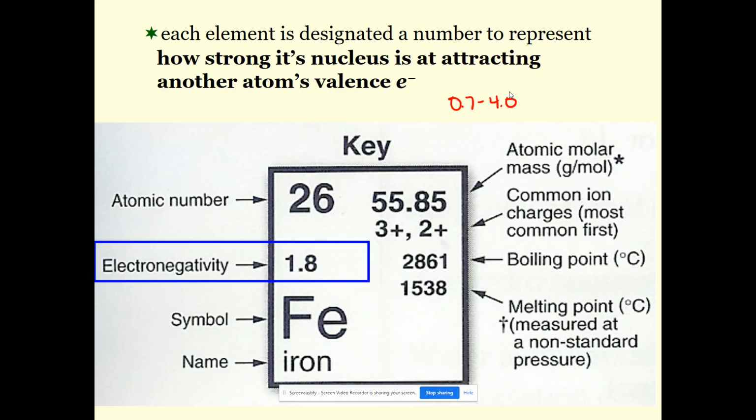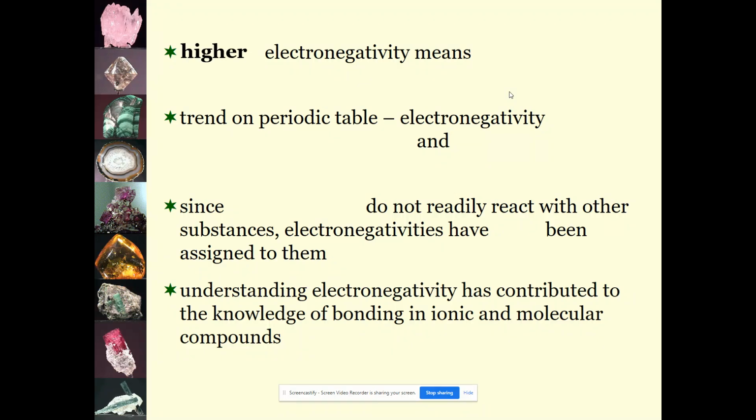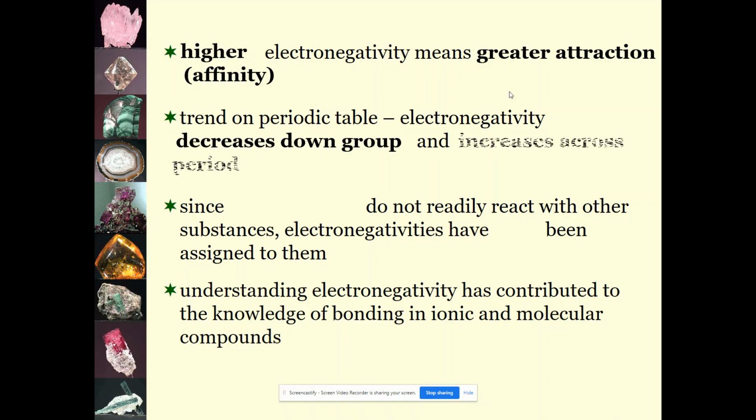Iron, for example, is 1.8. The higher the electronegativity, the greater the attraction, the stronger the nucleus is at pulling on the electrons. Another word for wanting electrons is affinity, electron affinity. It wants them more. So there is a trend on the periodic table.